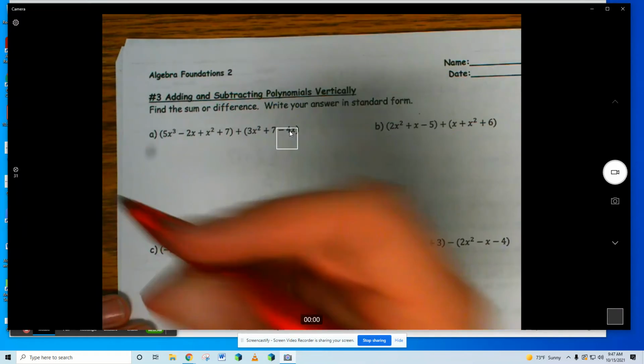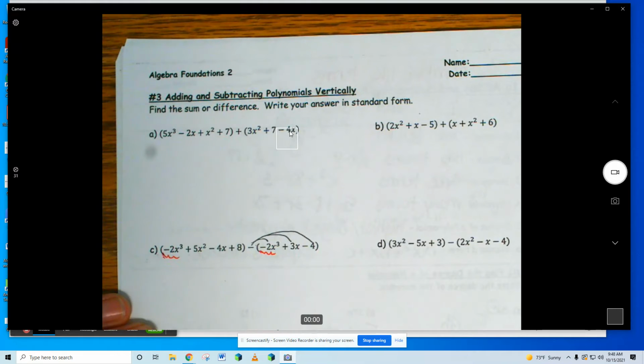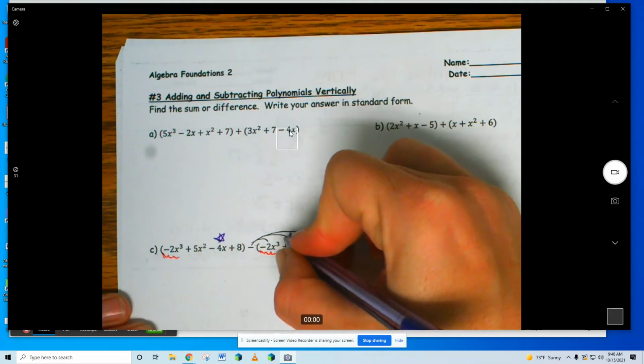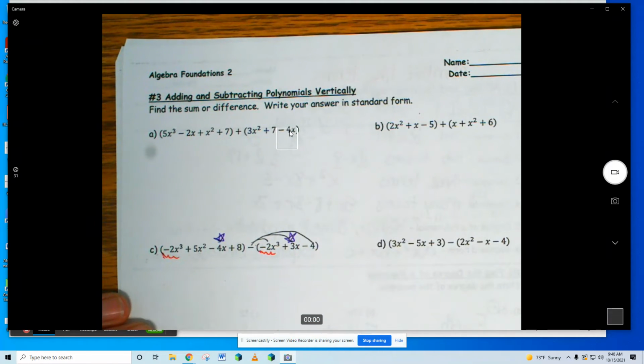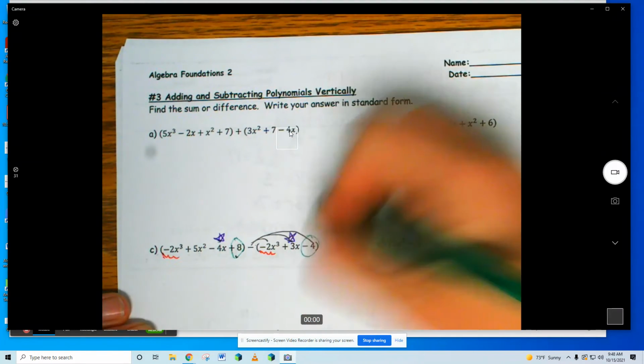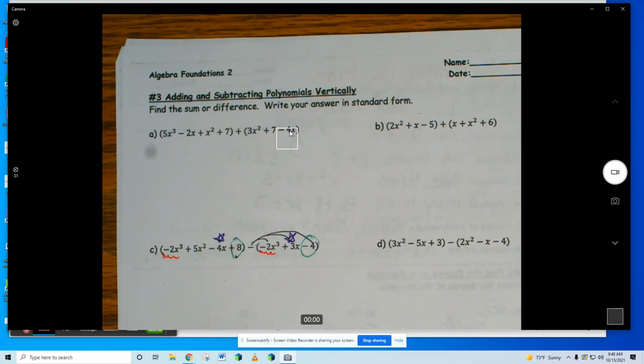Cubes go with cubes. Negative 2x cubed and that cubed. X squared is all alone. Negative 4x is going to go with this 3x. The 8 will go with the 4. So now I'm going to distribute that negative sign.